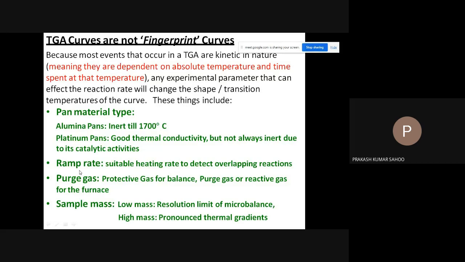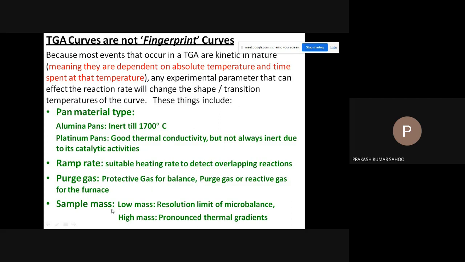Then ramp rate, a suitable heating rate to detect overlapping reactions. Then purge gas, that is the inert gas purge, that is the pressure of the gas. This is protective gas for the balance, purge gas or reactive gas for the furnace.